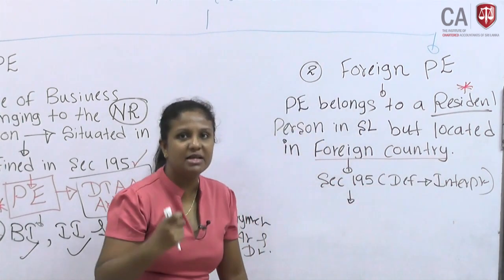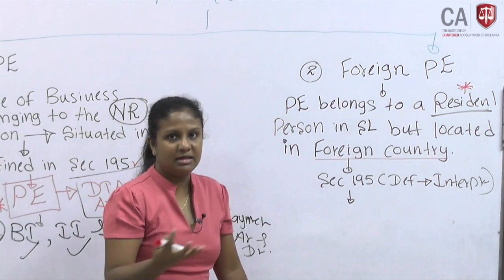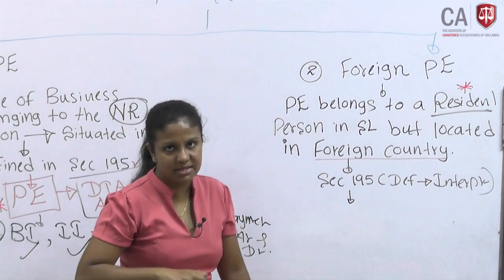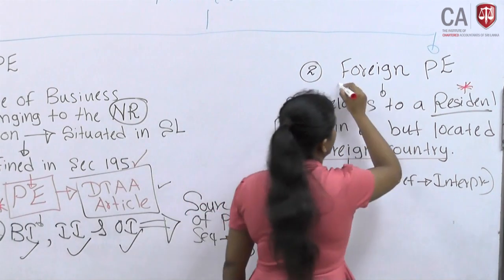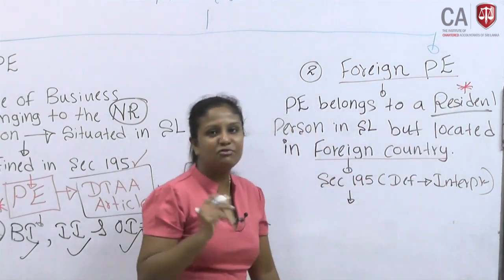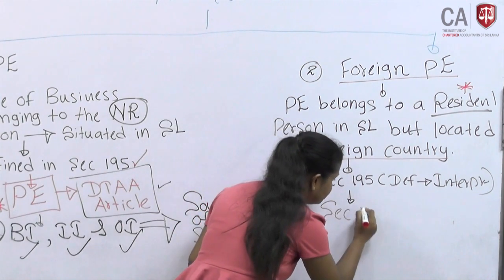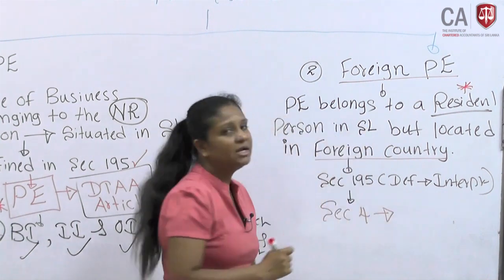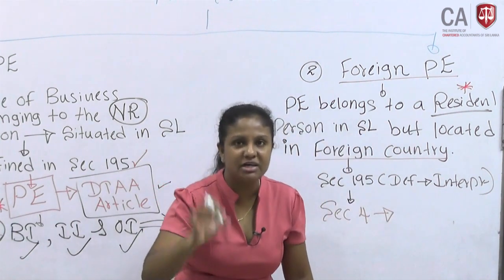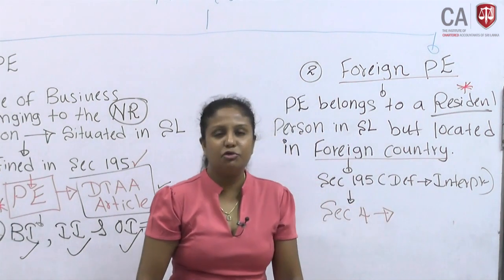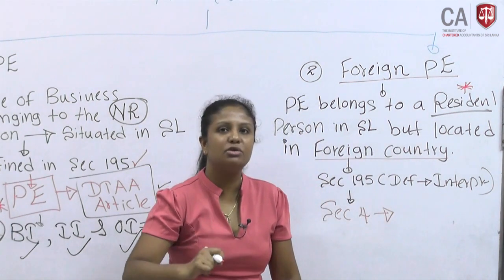Then if this resident person is receiving income from that foreign PE, what is the tax treatment? Apply section 4. For this resident person, should the income from the foreign PE be included or not?